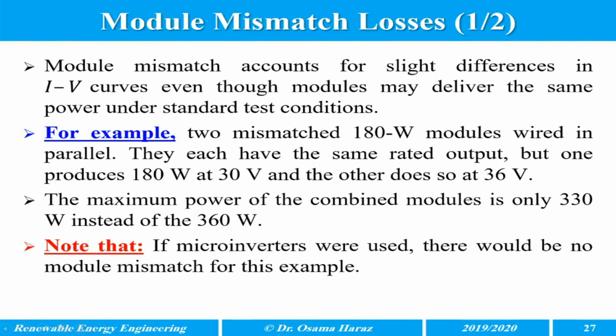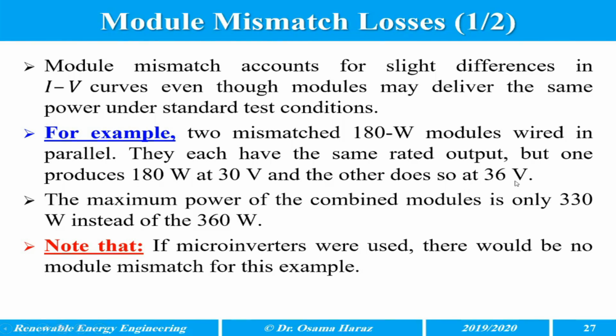Here we'll see the effect of module mismatch. Suppose you have two different modules connected in parallel, for example, both rated at 180 watts, but due to mismatch, one produces 180 watts at 30 volts and the other produces 180 watts at 36 volts.